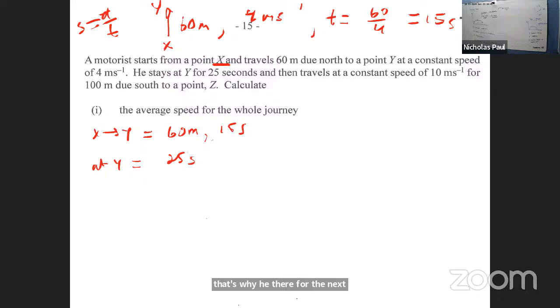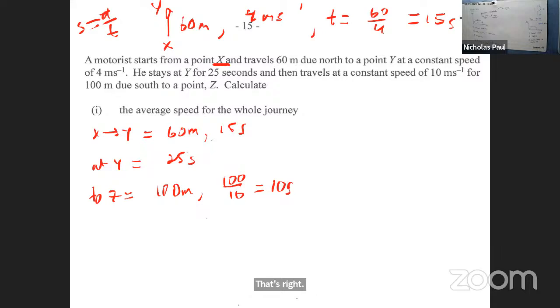And then travels at a constant speed for 100 meters south to Z. So that's 100 meters, and his speed is 10. Again, we can divide 100 by 10, and we'll get 10 seconds, right? You okay with that? Yes.